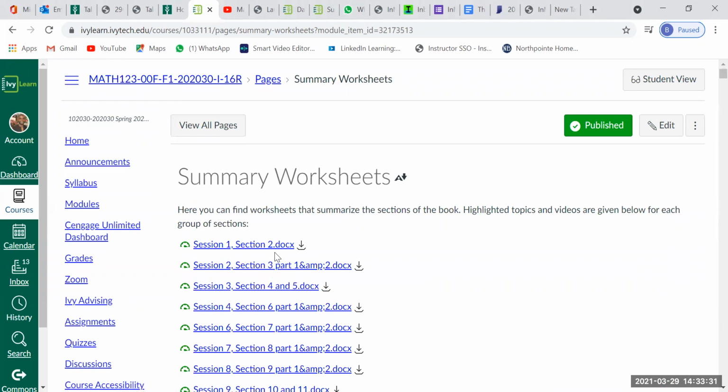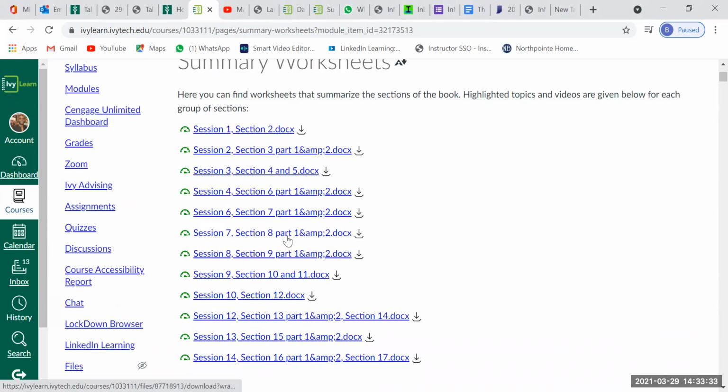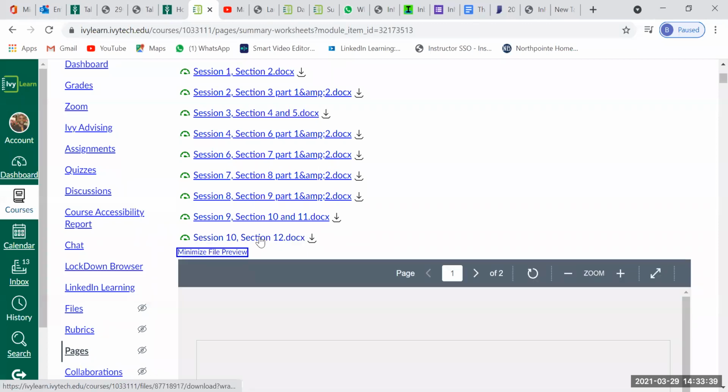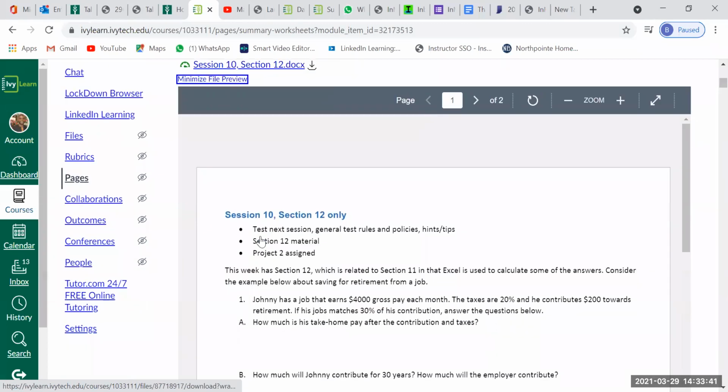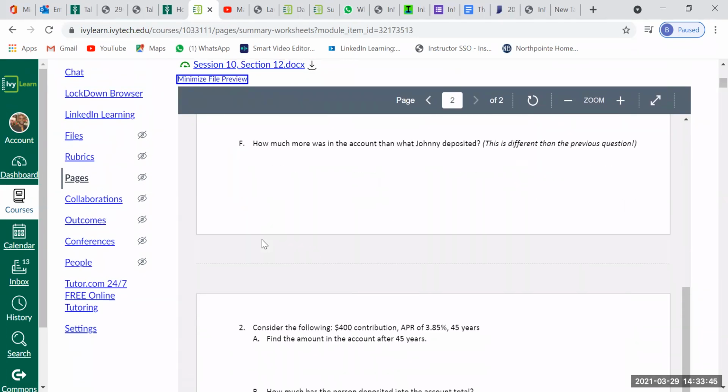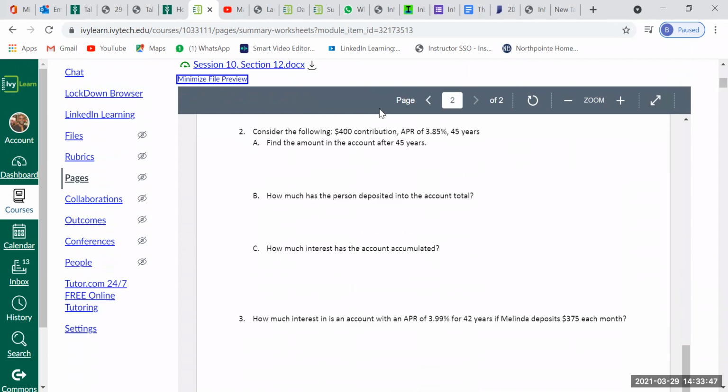When you find summary worksheets, go to session 10, and then open this file. You may decide to download it. This is what you should expect to see. I downloaded the file, so I'm going to stop this and share the Excel sheet with you. Okay, nice.